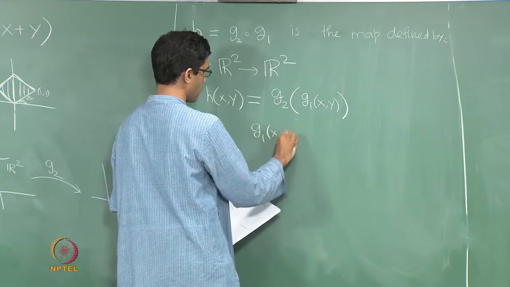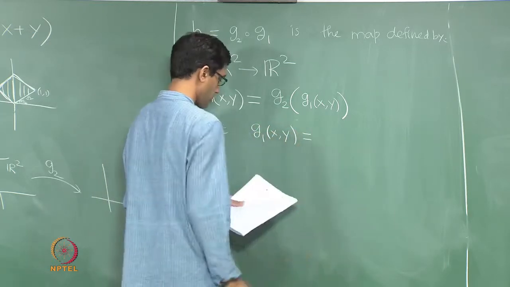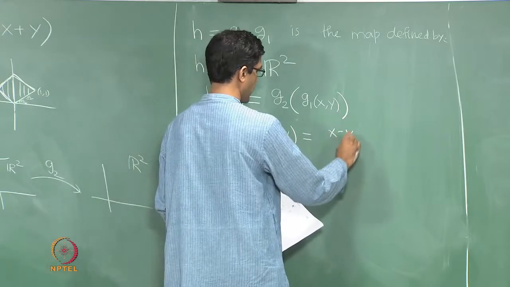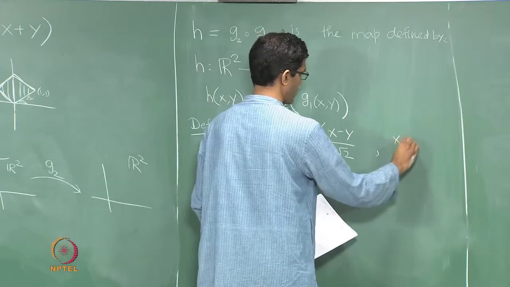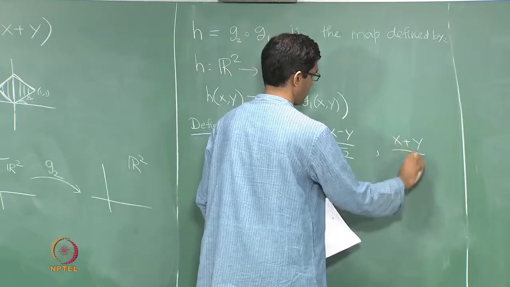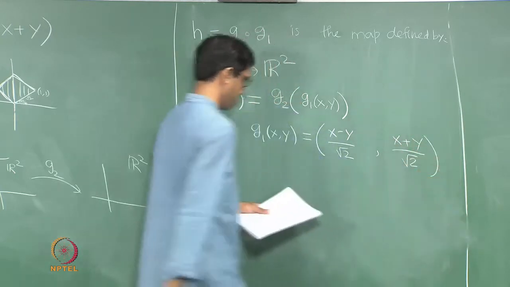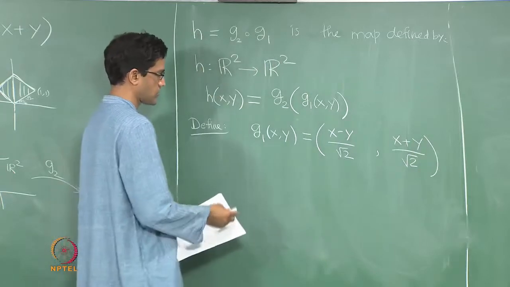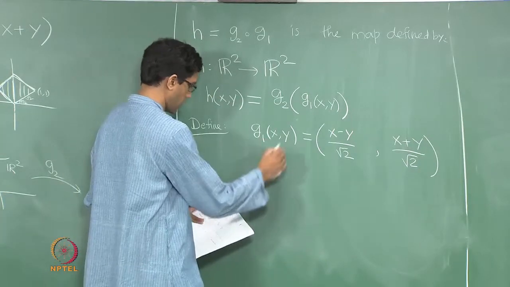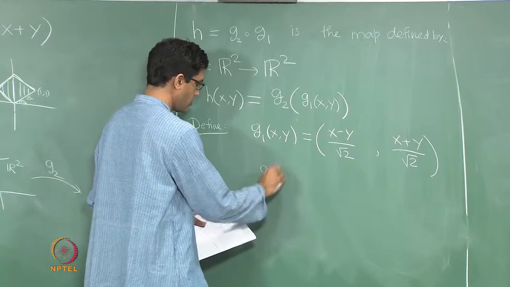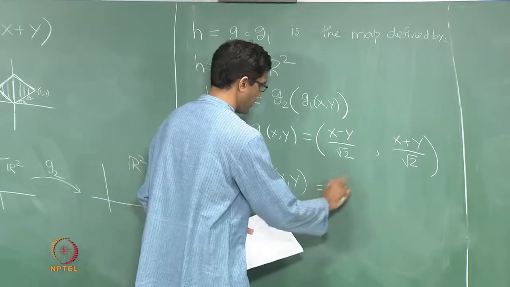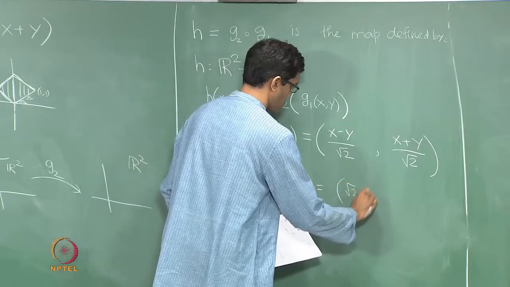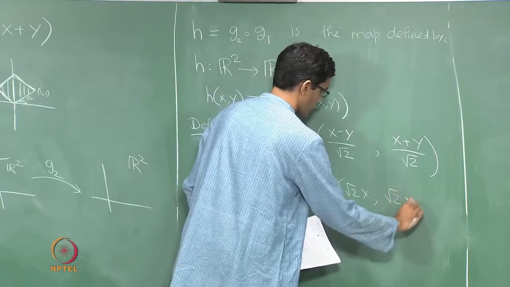So, I want to take specific examples of g1 and g2. Let me define g1 to be the following map. It is x minus y divided by square root 2 comma x plus y divided by square root 2. Okay, so, that is g1 and g2 of xy I define it to be just square root 2x comma square root 2y.